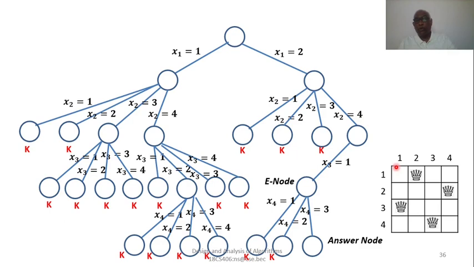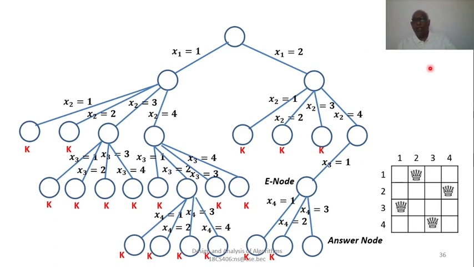After you explore the solution space corresponding to these values of x3, you backtrack to this level, but at this level, all the values of x2 have been exhausted. So you further backtrack to this level and explore the subtrees of the state space tree corresponding to x1 equal to 3 and x1 equal to 4.